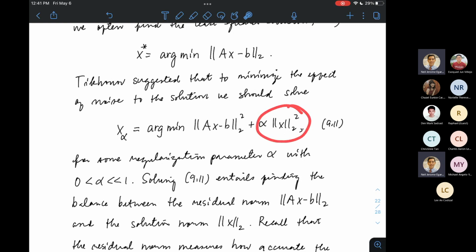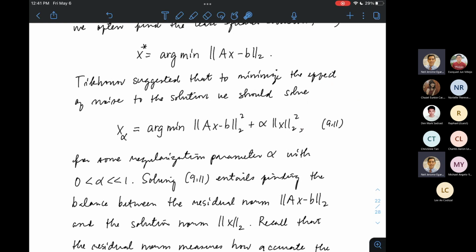Pababain dapat natin yung norm din ng solution. Because the bigger the norm of the solution is, the bigger its effect on the right-hand side becomes, right? Kasi Ax equals b, pag malaki yung norm ni x, ibig sabihin, ang laki ng epekto ng solution dun sa right-hand side vector.